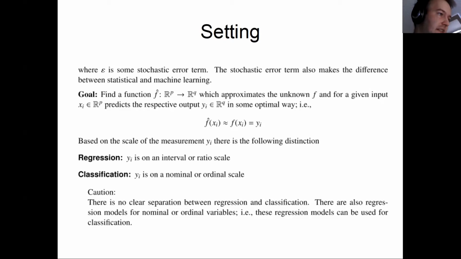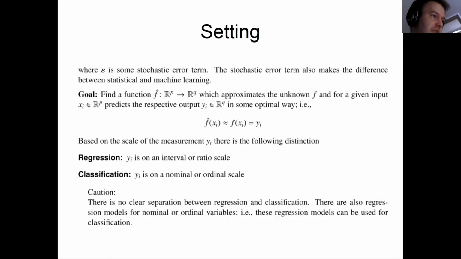And for classification, there are the very well-known and often discussed examples of picture classification. For example, you have a cat in a picture, and the algorithm should predict that it's a cat. That is a classic example of classification.